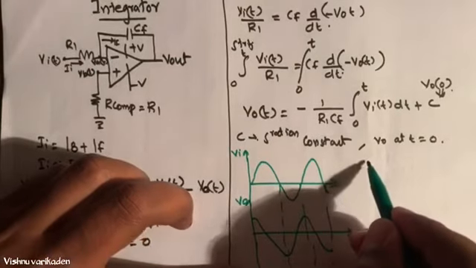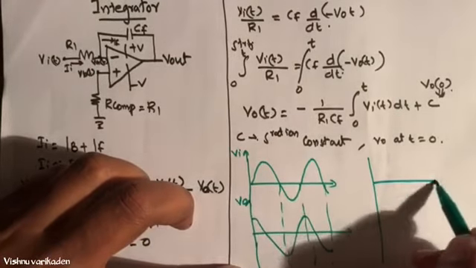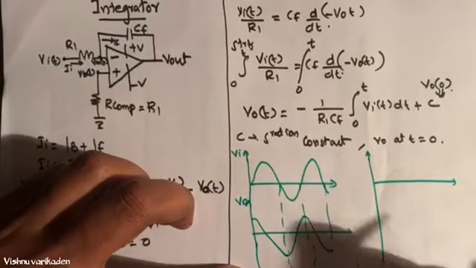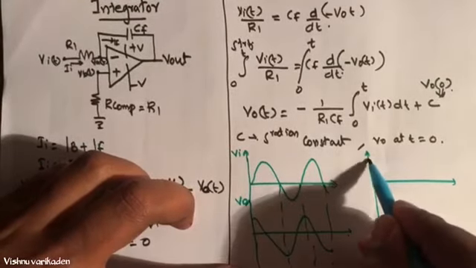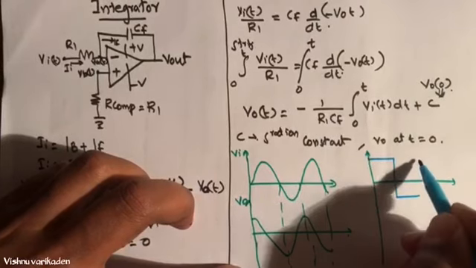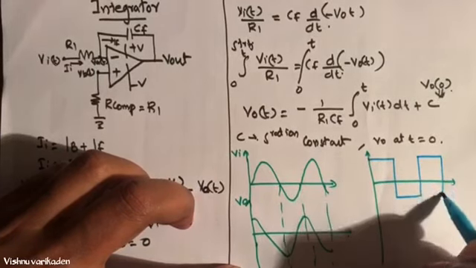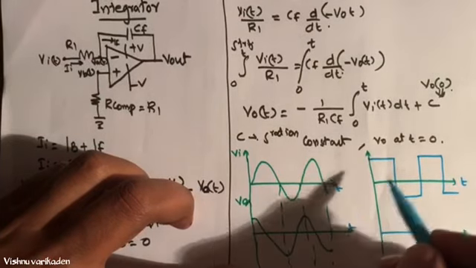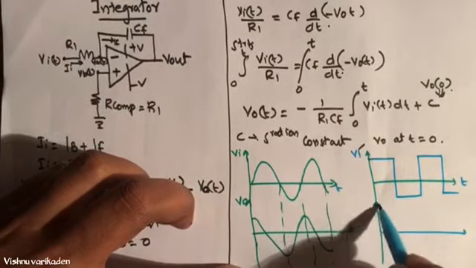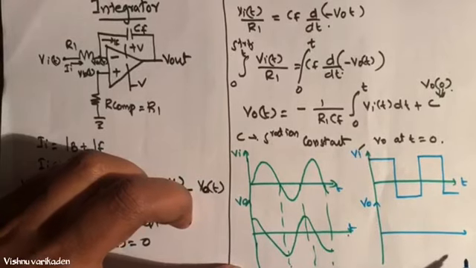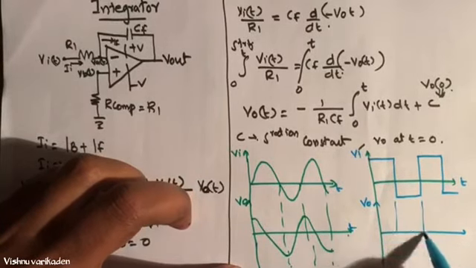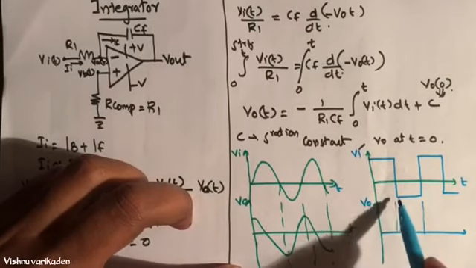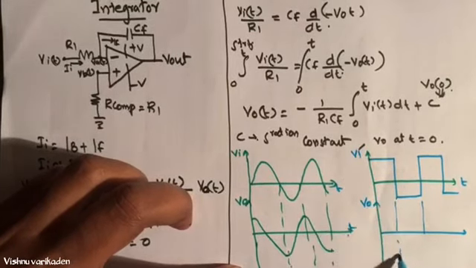Whenever we apply a square wave signal as input, what happens to Vi and V0 of t? Whenever the rising edge occurs, the output goes negative.